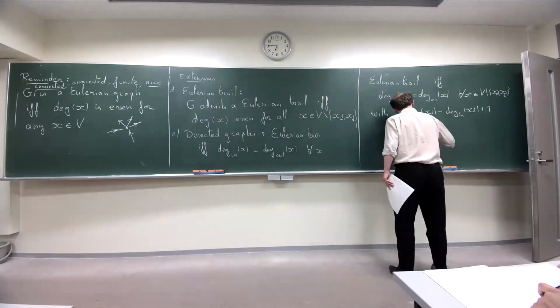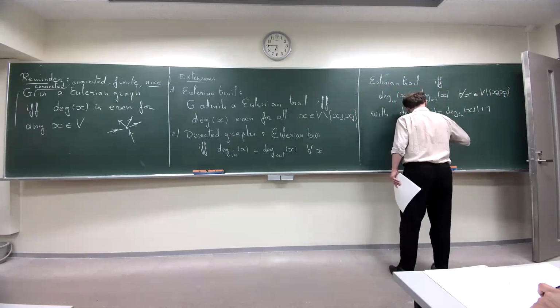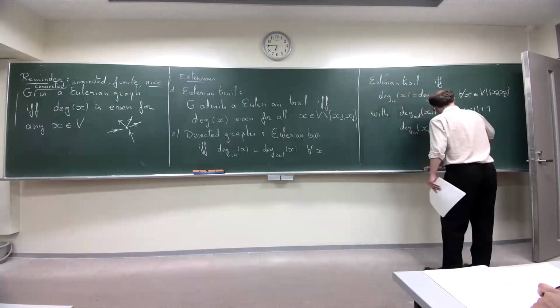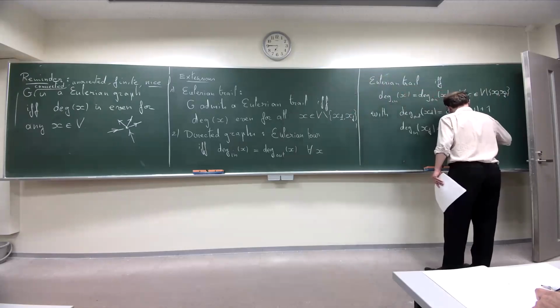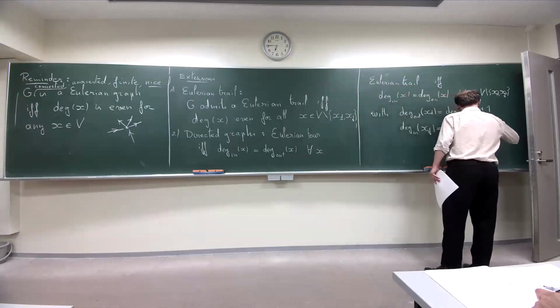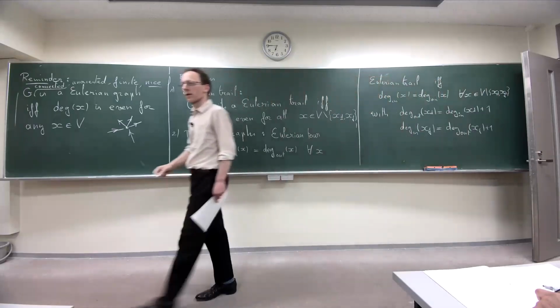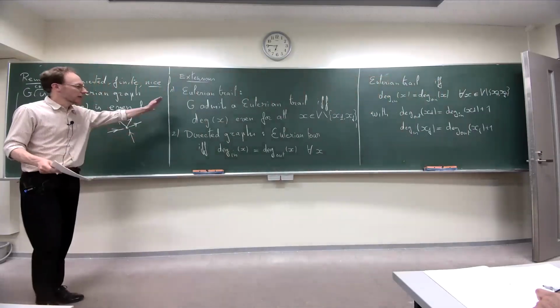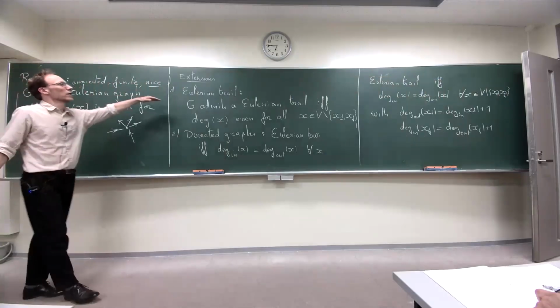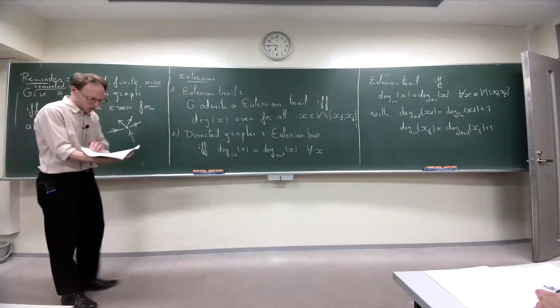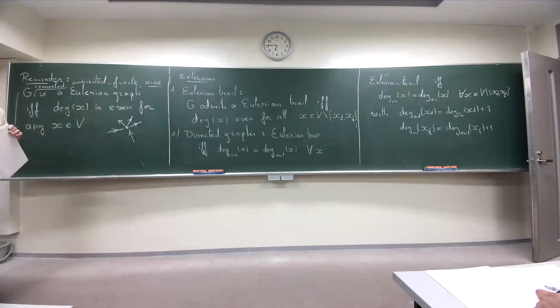The deg in of x final has to be equal to deg out of x final plus 1. You can check this is quite natural. So we have a natural extension of this notion of Eulerian tour to Eulerian trail. And yeah, this is rather easy.